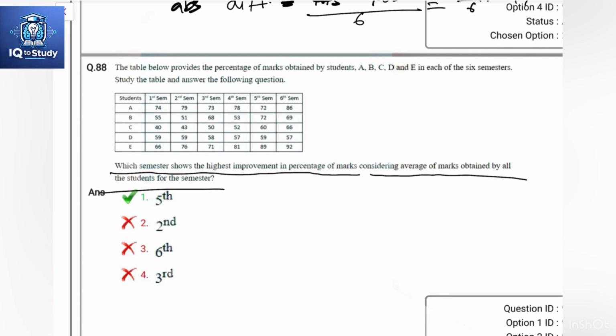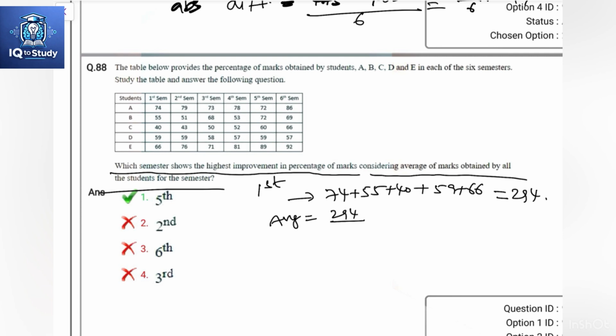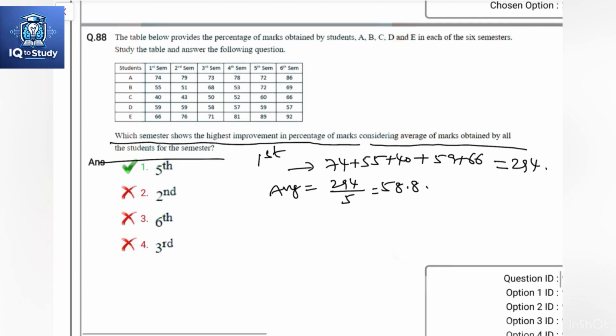Here in first semester, the marks of the students are 74 plus 55 plus 40 plus 59 plus 66, which is equal to 294, and average is equal to 294 divided by 5, which is 58.8.